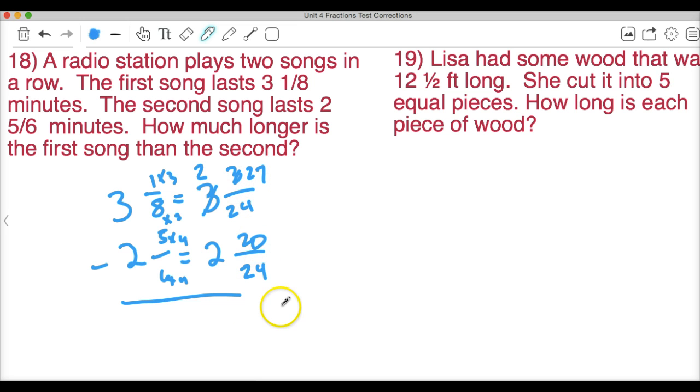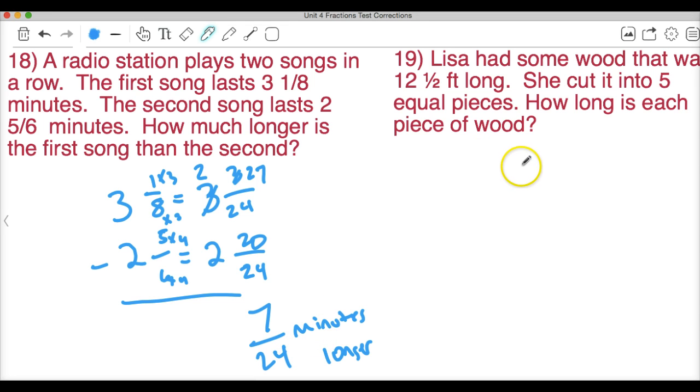So 27 minus 20 is 7/24, and there's no wholes to subtract. So the first song is 7/24 minutes longer. This is way less than a minute, because a whole minute would be 24/24. So this is only a couple of seconds longer, and I didn't make you convert that, so there you go.